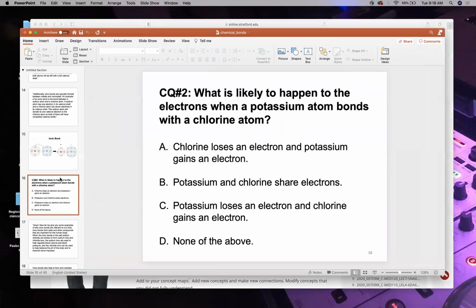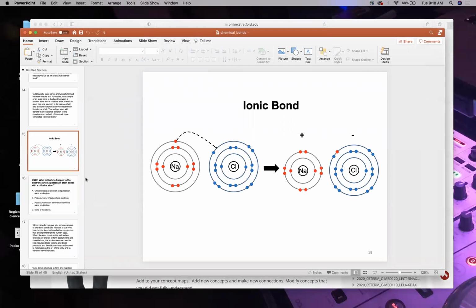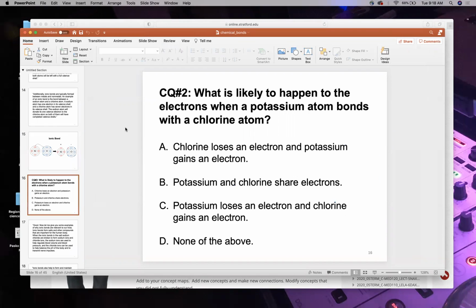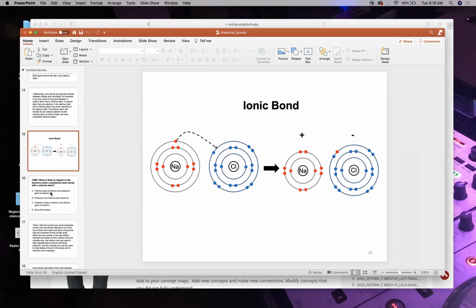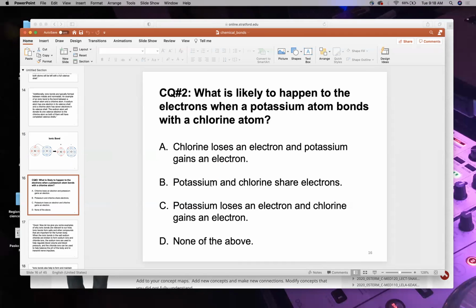Now, we're going to talk also about how they react with water, because remember, that's one of our goals for today. So what is likely to happen to the electrons when a potassium bonds to a chlorine? Since this question was right after the ionic bond example, let's look at the example that we had here.